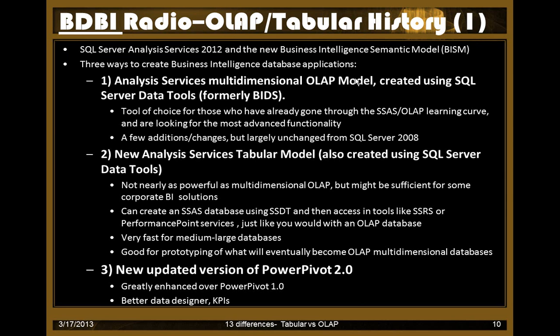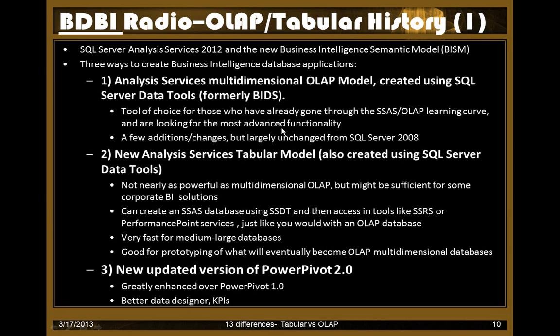Well, in SQL Server 2012, so now we come up to the present, Microsoft took certain aspects of Powerpivot, enhanced it, and fit it into SQL Server Analysis Services as a separate way of creating analytic databases. So you still have multidimensional OLAP. That was largely unchanged from 2008.